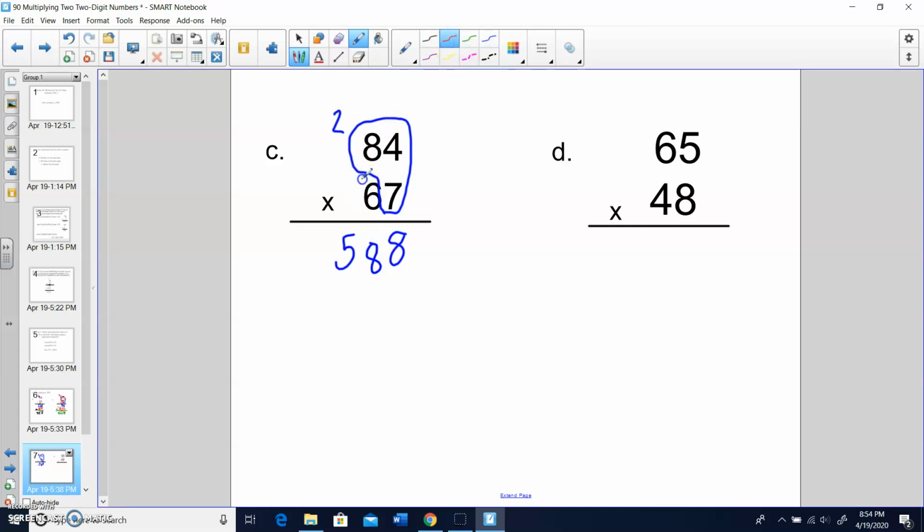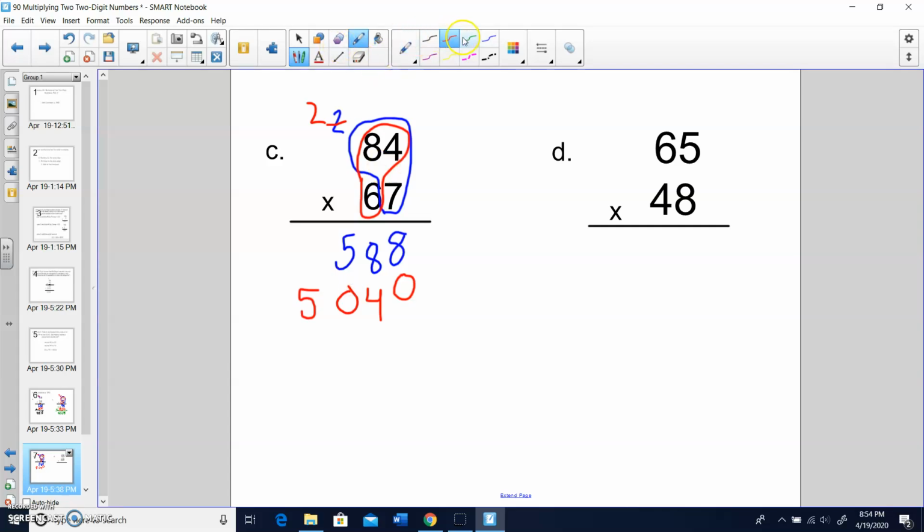Moving to the tens place, so now I'm going to have 6 tens times 84, holding the ones place with my 0. 6 times 4 is 24. Carry up your 2. 6 times 8 is 48, plus 2 is 50, making sure I'm lining everything up.